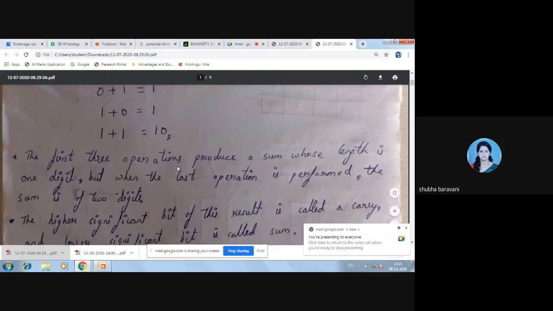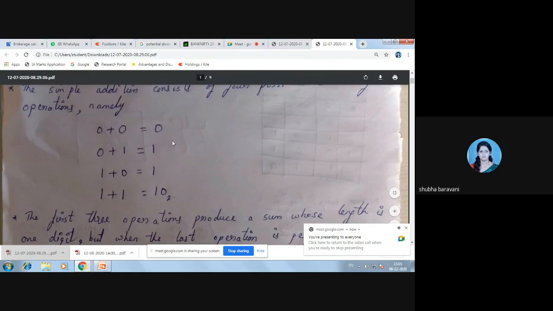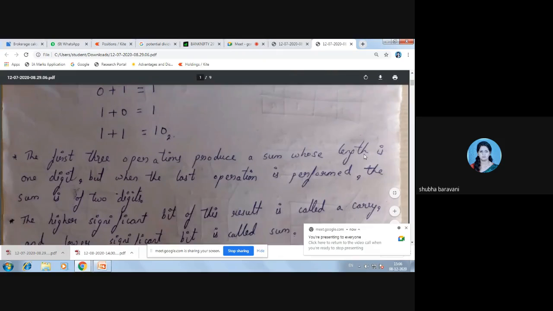So the first three operations produce a sum whose length is 1 bit. It means 0 plus 0 is 0, 0 plus 1 is 1, 1 plus 0 is 1. But when the last operation is performed, the output you get is 2.